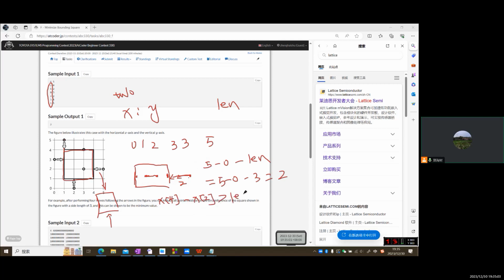If the distance is larger than the side length, then we need to add the steps.